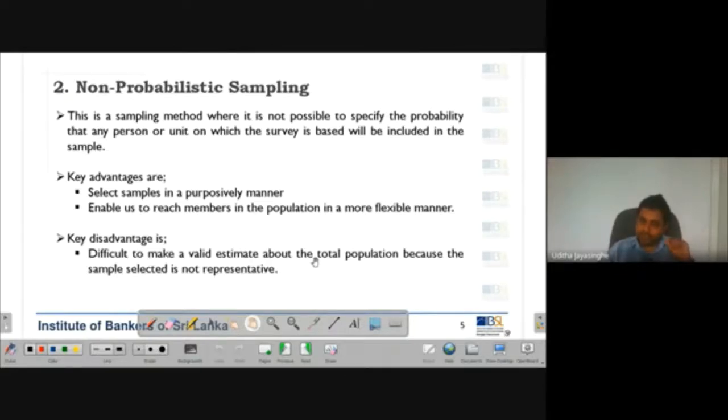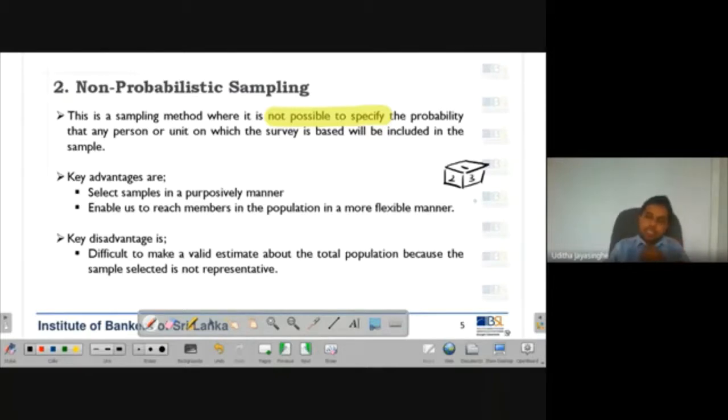Now in here, it is not possible to specify the probability. Let me highlight that. It is not possible to specify the probability. That means for a certain item, the probability may be higher than for another item. Let's take a simple dice with 6 sides, marked 1, 2, 3, 4, 5, 6.